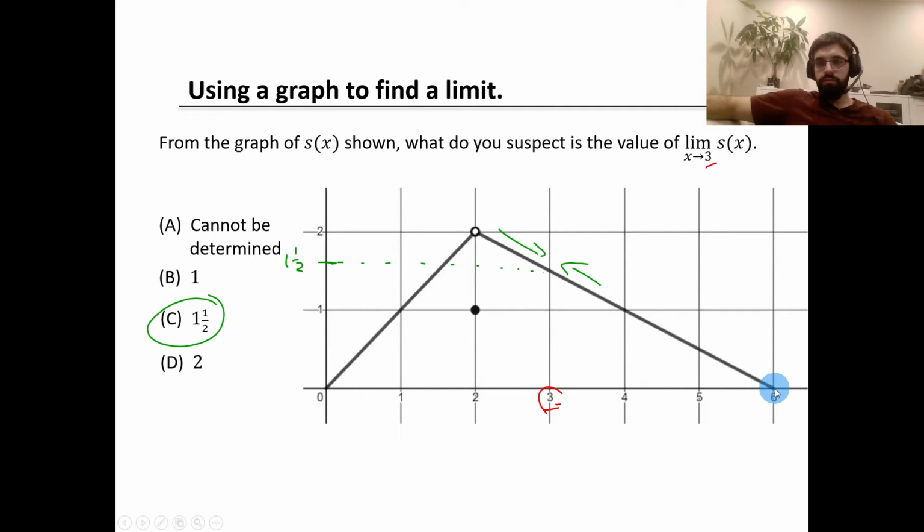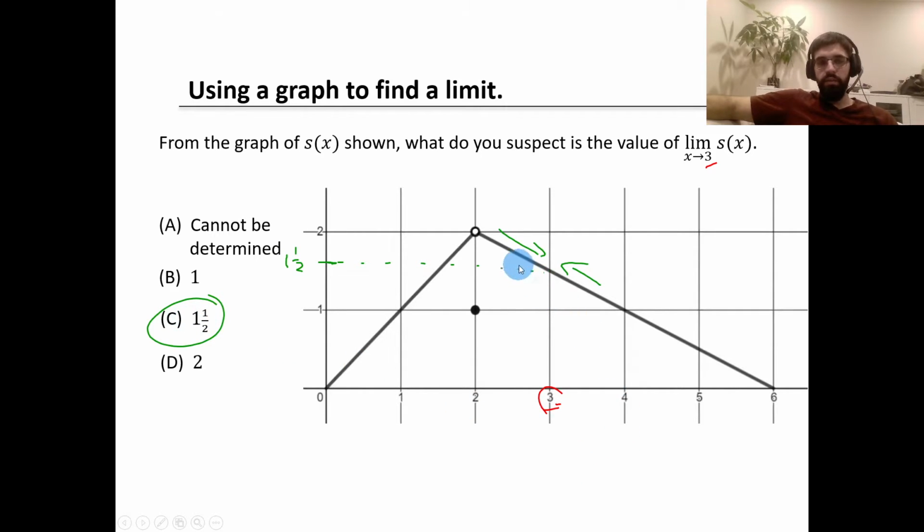From the right, as we work our way towards 3, we find that we go up to about 1 and 1/2. Because from the left and from the right, both sides approach 1 and 1/2 at x equals 3, we're going to say the limit is 1 and 1/2.